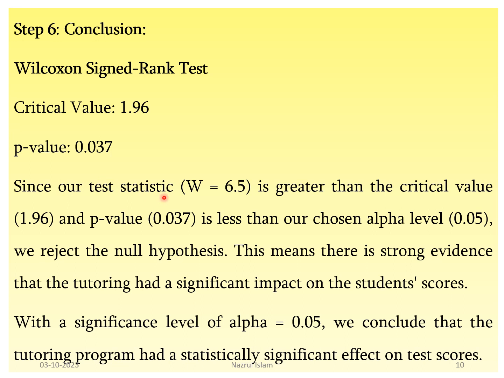Since our test statistic W, which is 6.5, is greater than the critical value, that is 1.96, and the p value is 0.037, that is less than our chosen alpha level, we reject the null hypothesis. This means there is strong evidence that the tutoring had a significant impact on the students' scores. With a significance level alpha of 0.05, we conclude that the tutoring program had a statistically significant effect on test scores.